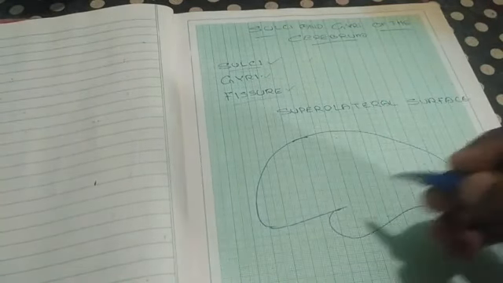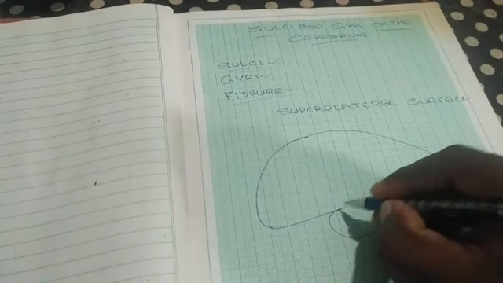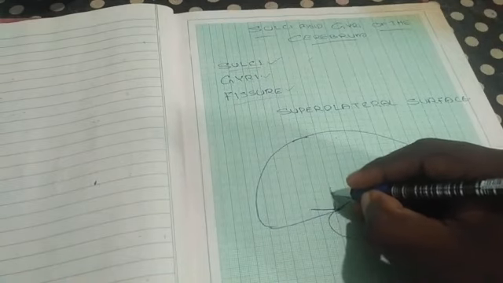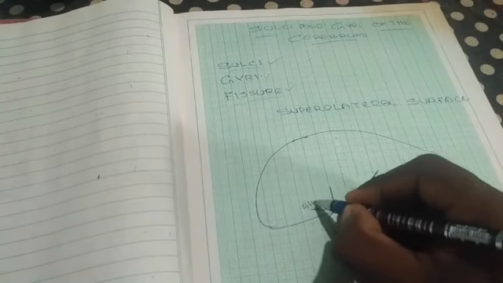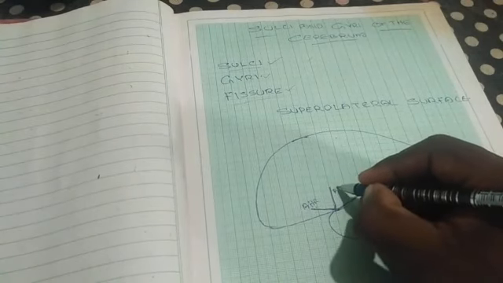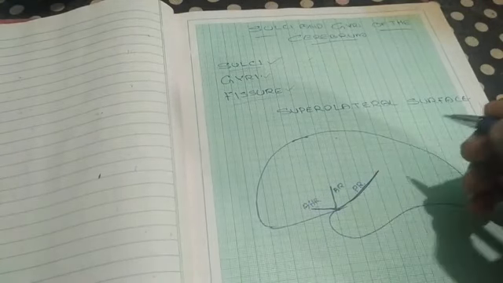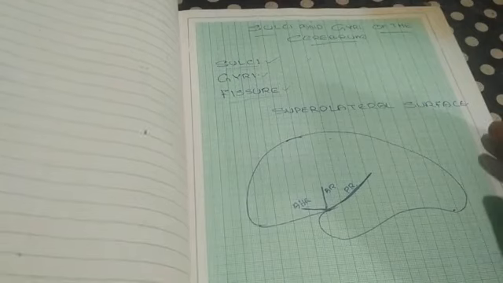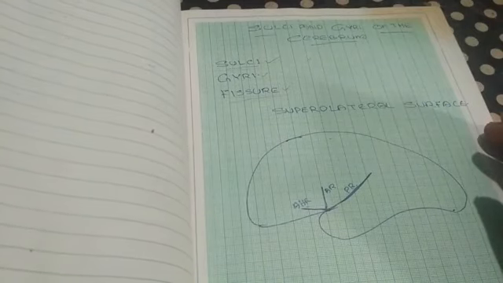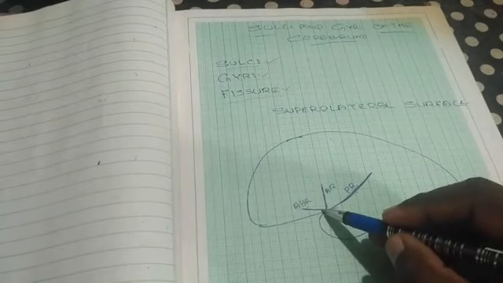The lateral sulcus is the first formed sulcus of the brain. It runs backwards and has three limbs or rami: the anterior horizontal ramus, the posterior ramus, and the ascending ramus. These are the three rami of the lateral sulcus.